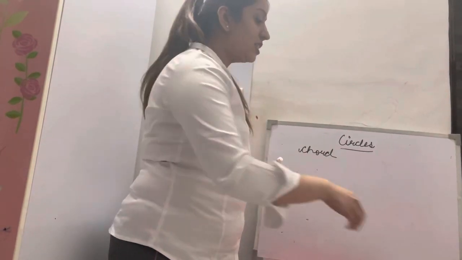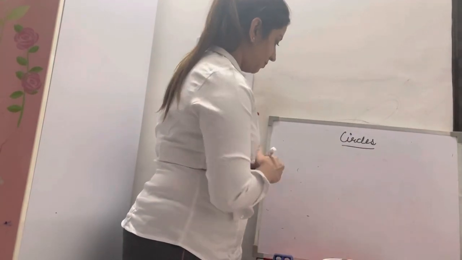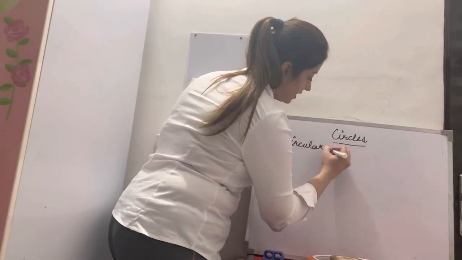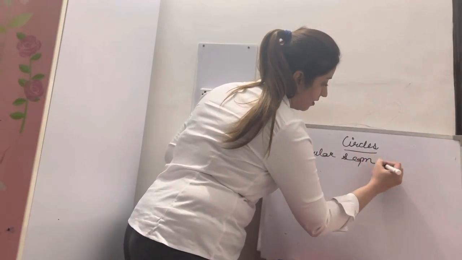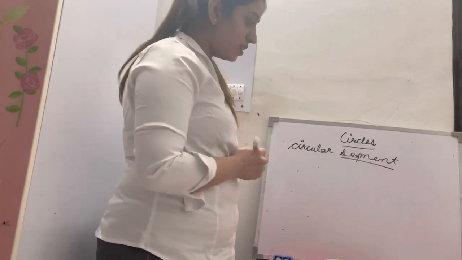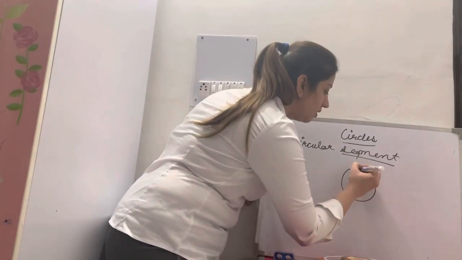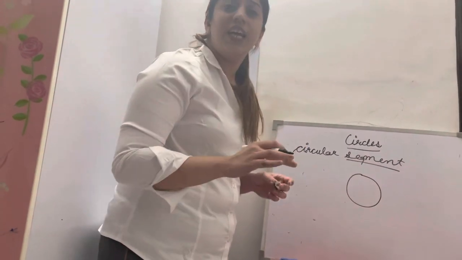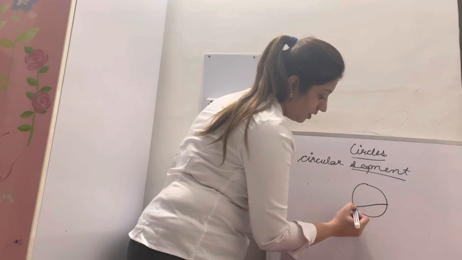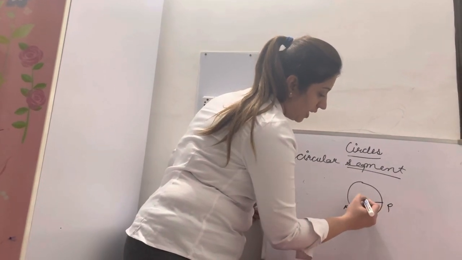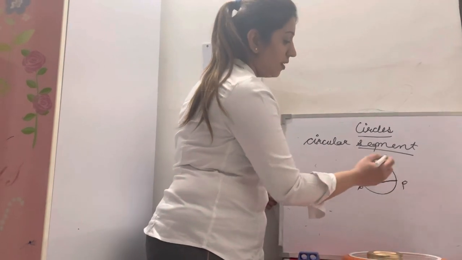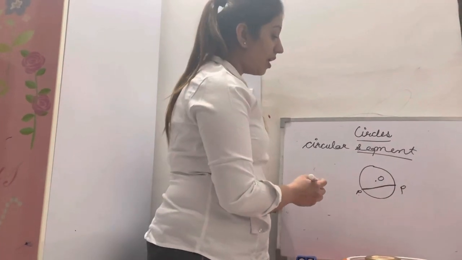Then come the segments of a circle, the circular segment. As the word says, segments mean parts of the circle. Now if I draw a circle, and I have a chord PQ and this is the center O, the chord that cuts the circle into 2 different regions gives us the segments.